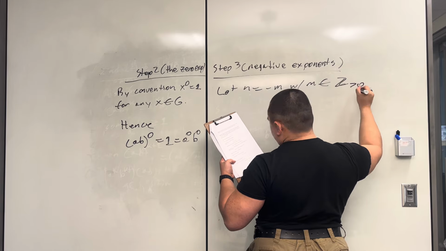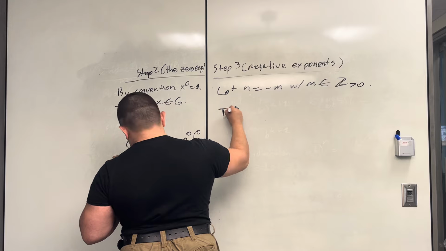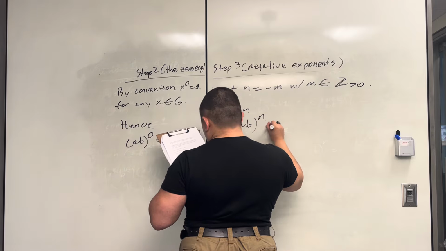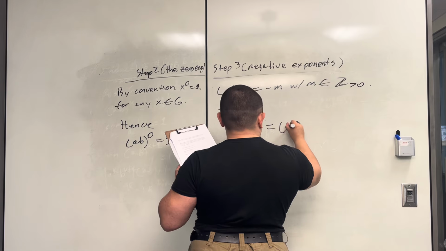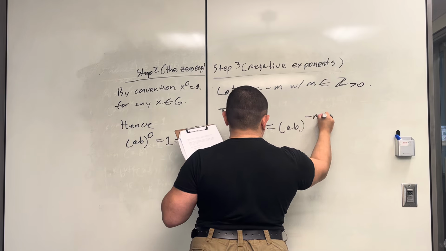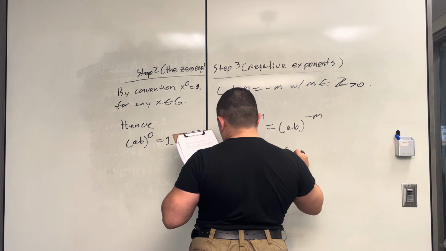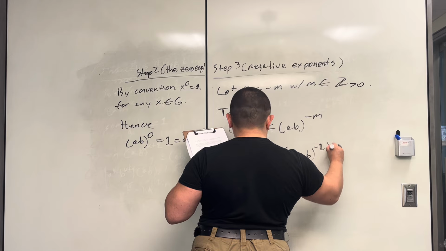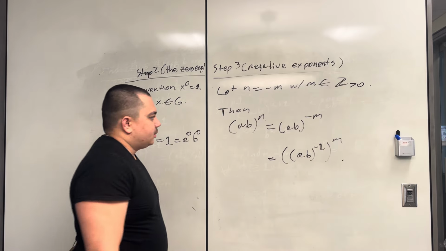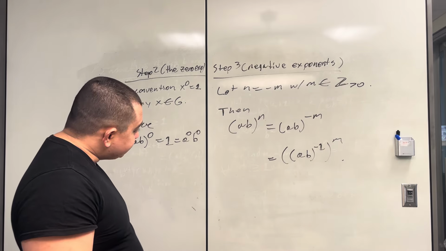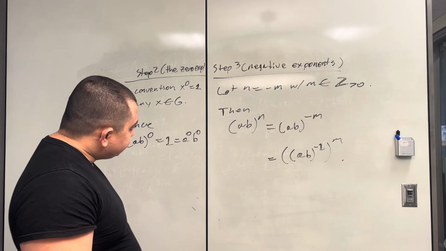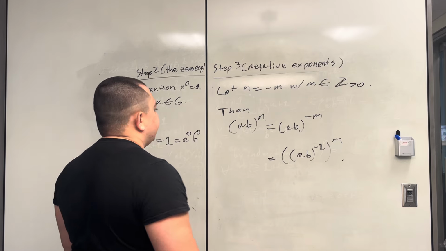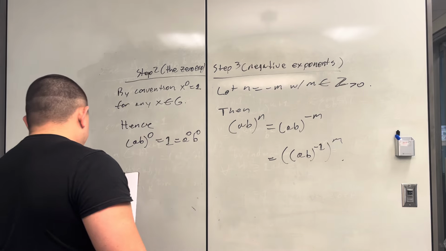Then (AB) to the n is equal to (AB) to the negative m, which is equal to ((AB) to the negative 1) to the m.